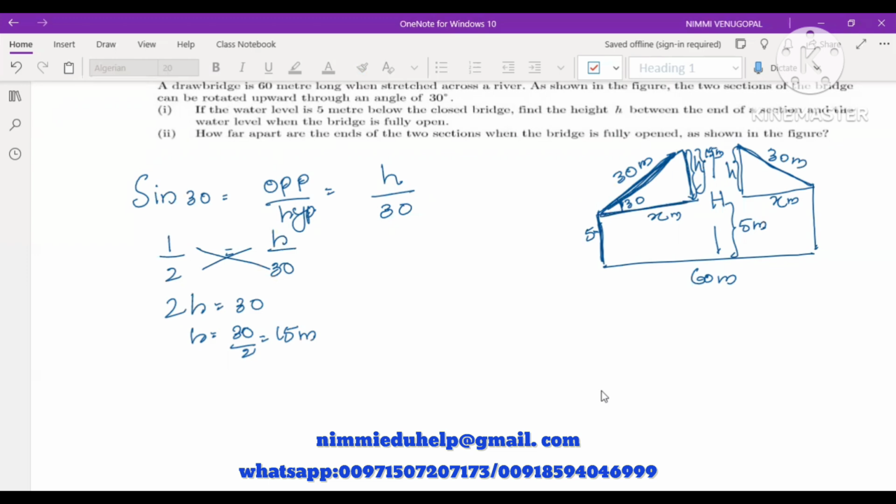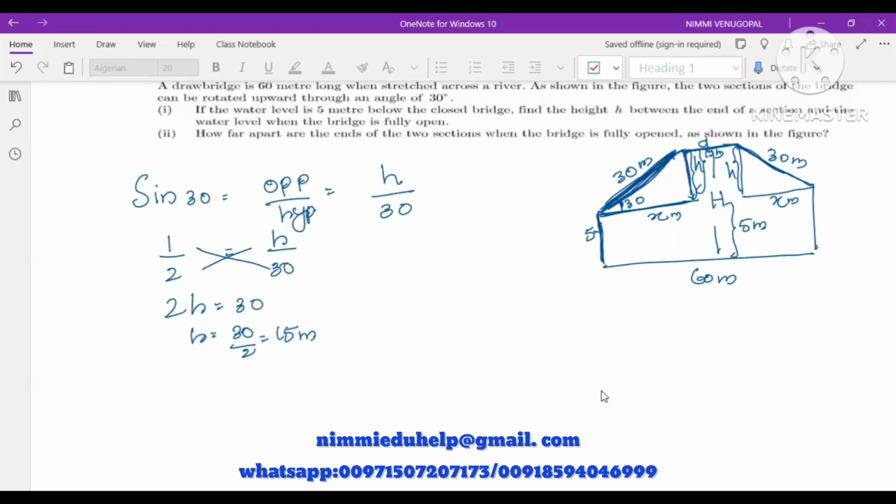Now for the second question, we have to find out this part also. Let's read the second question. How far apart are the ends of the two sections when the bridge is fully open, as shown in the figure? If the bridge is open, how far apart is it? That means we have to find the distance between these parts.